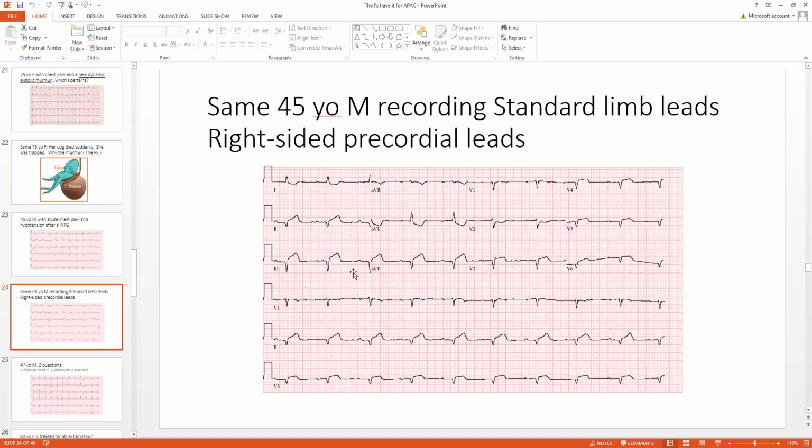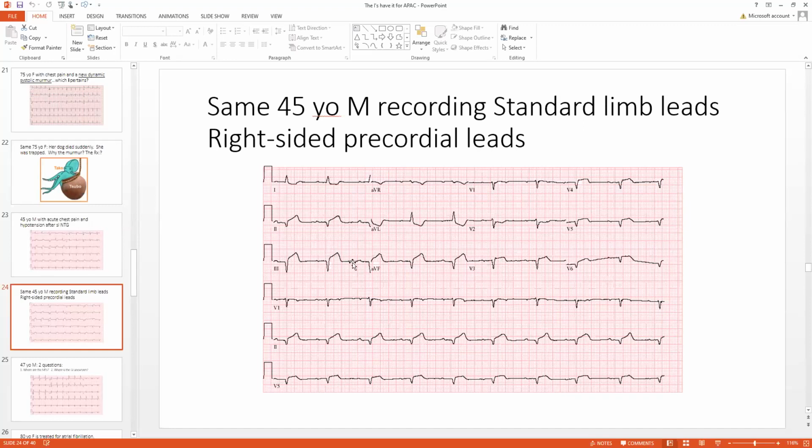Well, warm blankets and changing the left precordial leads to right precordial leads showed that the ST elevation in V1, when it was left precordial leads, is now in V4R and V5R and V3R. This is right ventricular infarction.